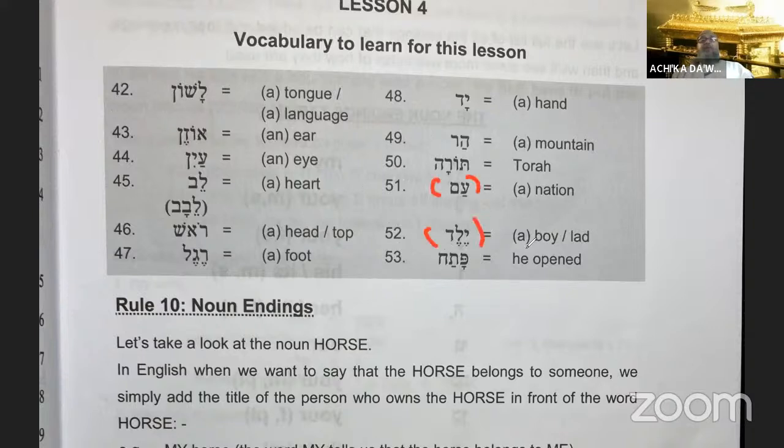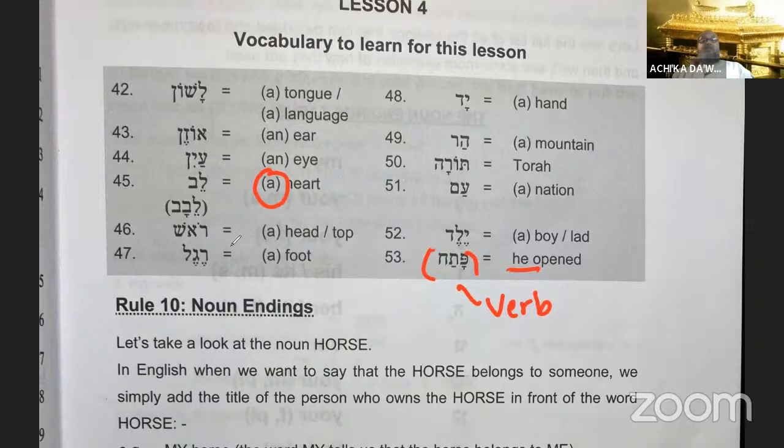So Yaled, a boy, a lad, okay, which is a boy, a lad, and then Pathak, he opened. But where's the he at? Well, the he is implied because this is a verb, because that's an action he's doing. Well, why are they calling it a heart when there's no letter A in the Hebrew language? That's one of our rules, because it's implied.